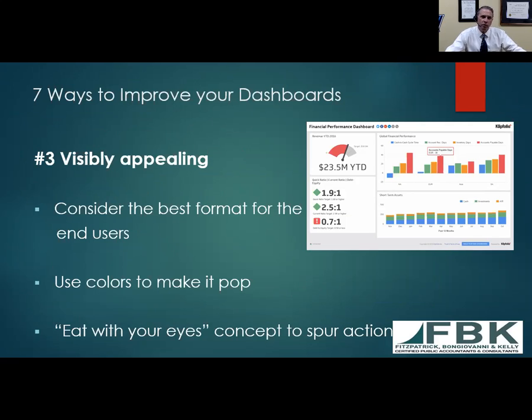So you really get the first appeal with your eyes, and it's no different with dashboards. You want to make it visibly appealing so that it motivates action and people want to look at it as often as you want them to. So make it visibly appealing. And this is tough for accountants because usually we're used to seeing tables and charts, and we don't need that fluff or window dressing, if you will, to gather what we need.